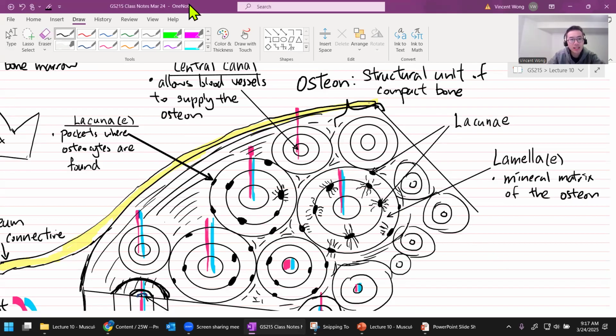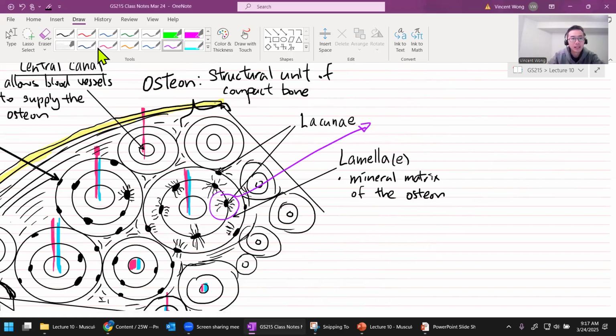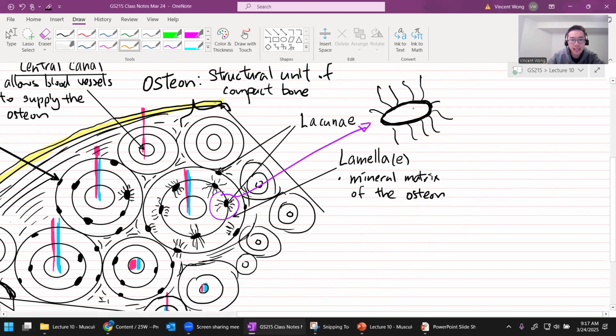So I'm gonna take one of these guys, take it over here, and draw it bigger. So this is the hole, like a little pocket, and these are the cracks that are coming out of it. And inside is where you will find our buddy, the osteocyte. The pocket, again, is lacuna.